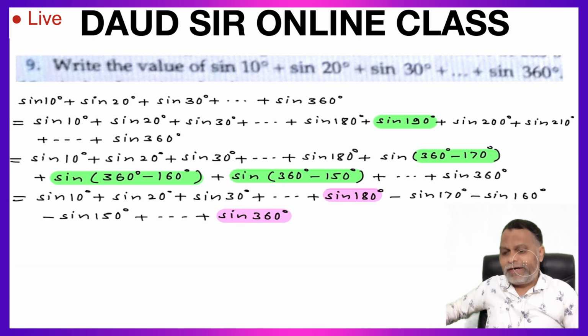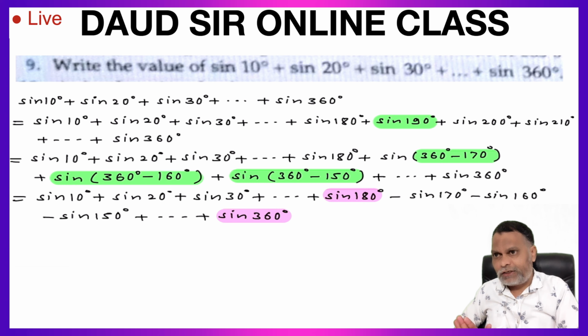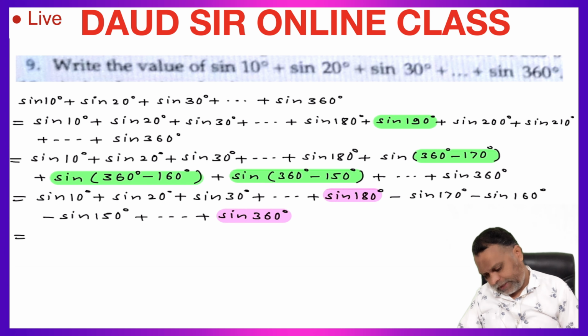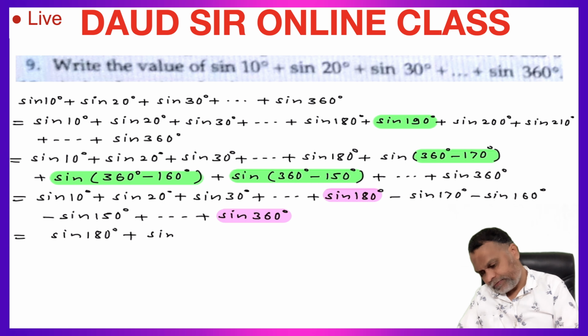Before this sine 180 and before this sine 360, all the terms will be positive, negative, and they will be cancelled. So here we will get only this sine 180 degree plus sine 360 degree.